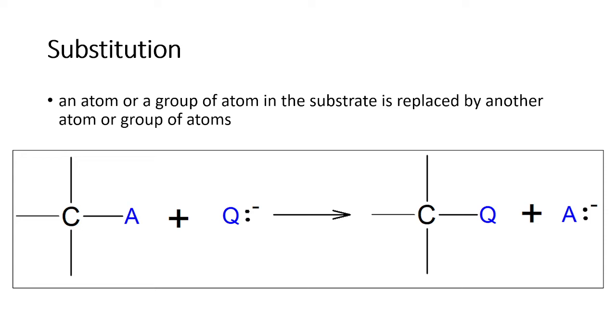So if we have here our hydrogen atom A, and we have here our atom Q, if we add atom Q to the substrate, it can happen that the Q will replace A, therefore forming this. Okay. One example of this is the reaction of methane and bromine, but it only occurs in some certain reaction. I can't remember to be exact.